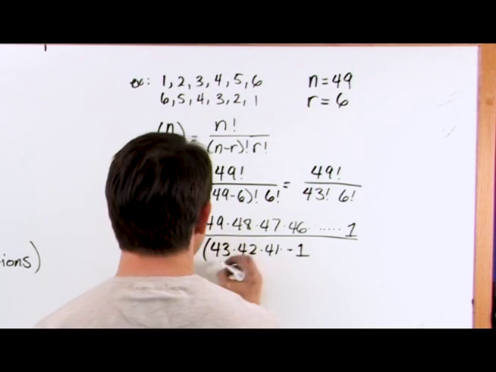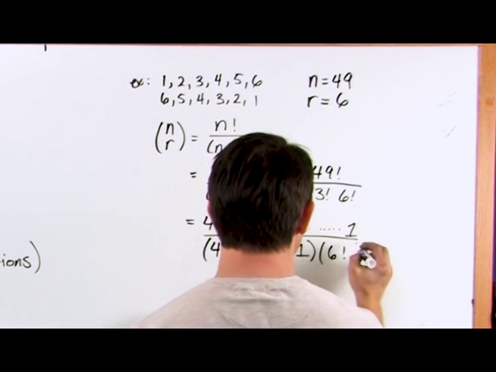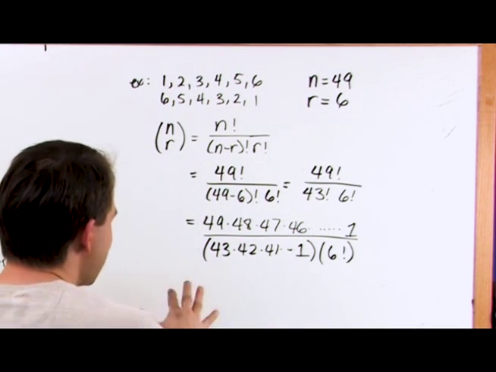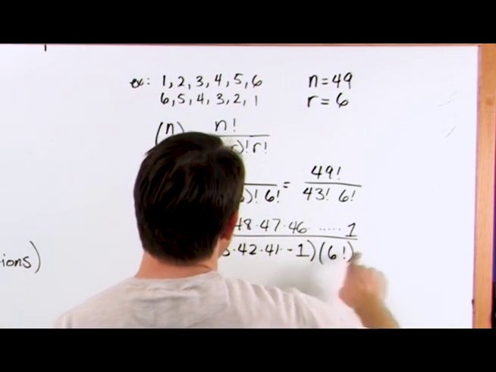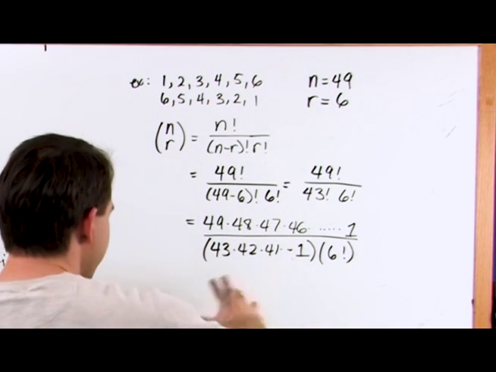This is again going to be multiplied by 6 factorial, which I'm just going to leave there. I can't really write it all out to show you, but because you have 49 multiplied down, everything from 43 on is going to cancel with what's on the top, because everything's multiplied together.